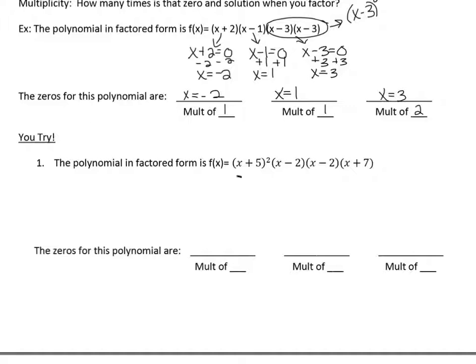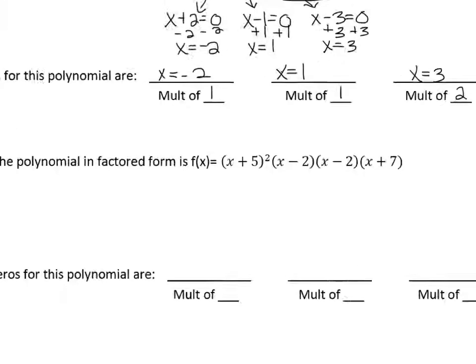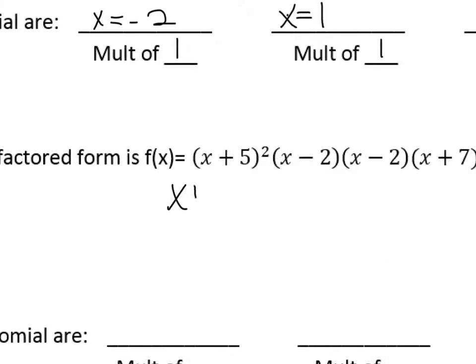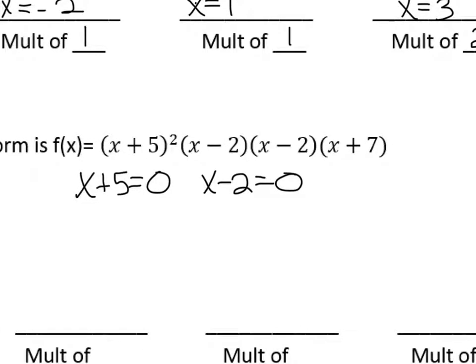Well, the first one, we know we are going to have x plus 5 equals 0. And then we have x minus 2 equals 0. Now again, it showed up again, but we only need to write it the one time, unless it makes you feel better to write it twice. And then we have x plus 7 equals 0.